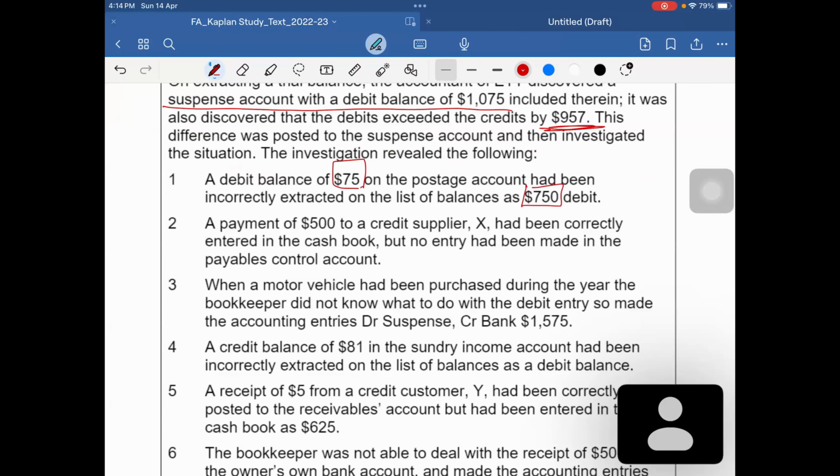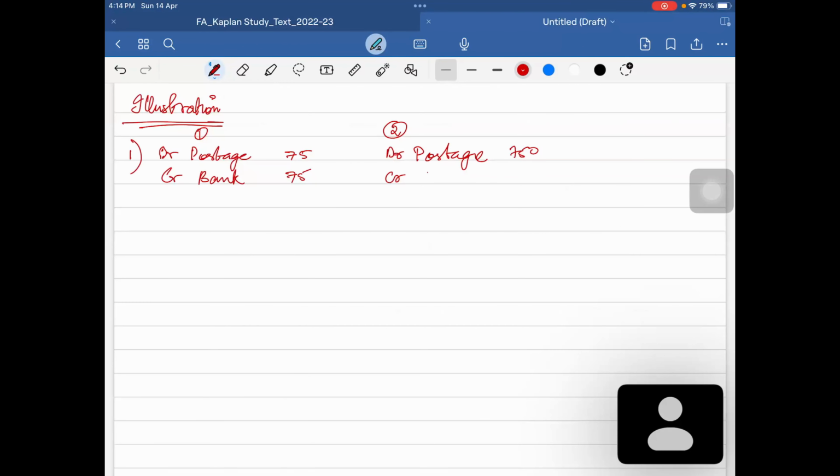They have clearly told that postage account had been incorrectly extracted. So cash is assumed to be correct. Okay. Now, what are your corrections? You're going to decrease the postage, right? By how much?